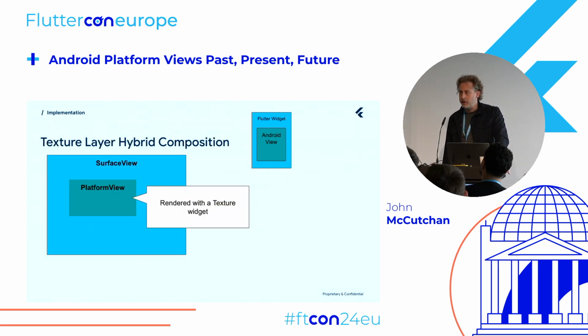It's rendered with a texture widget, which is a standard widget that Flutter ships with that allows you to point at some external texture, a Vulkan texture, a Metal texture, an OpenGL texture, so it just renders that in this rectangle for me. Now we're actually painting the platform view onto the screen, which allows us to support all of the complicated graphics effects and transformations that can be applied to a widget. It's pretty nice.